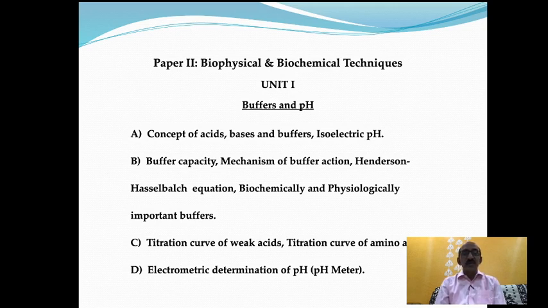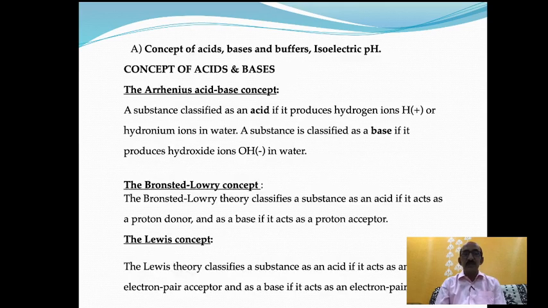All of you know what acids, bases and buffers are, because in chemistry we study acids, bases and buffers. The concept of acid: according to the Arrhenius theory, a substance is classified as an acid if it produces hydrogen ions or hydronium ions in water. A substance is classified as a base if it produces hydroxide ions in water.